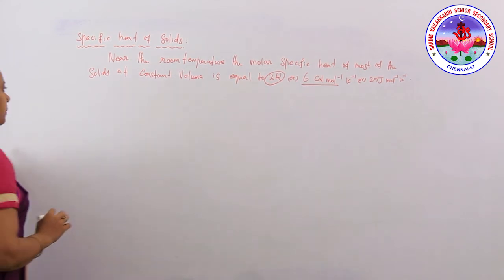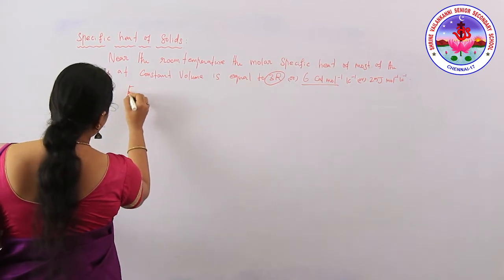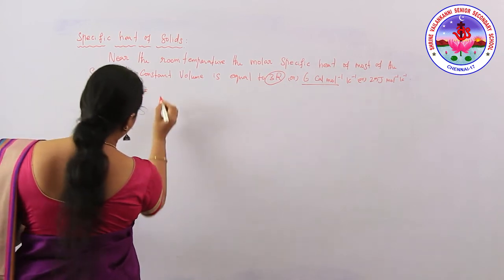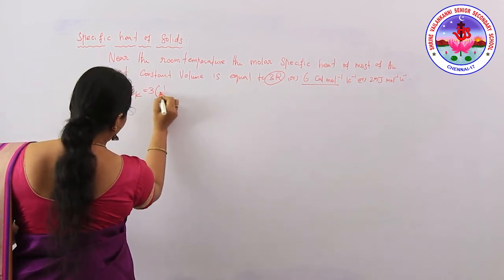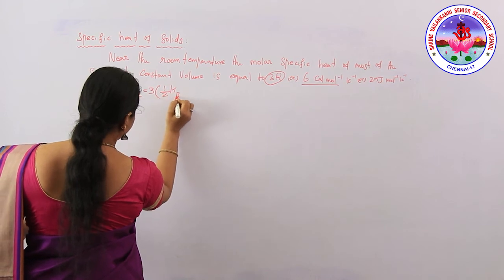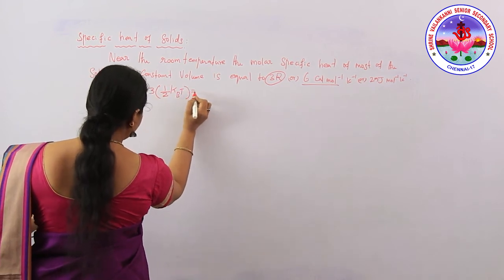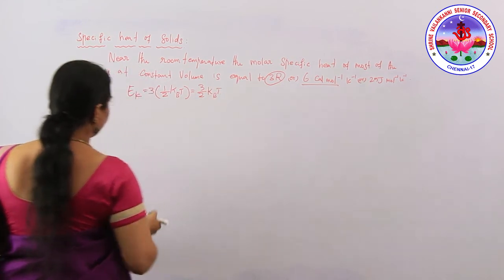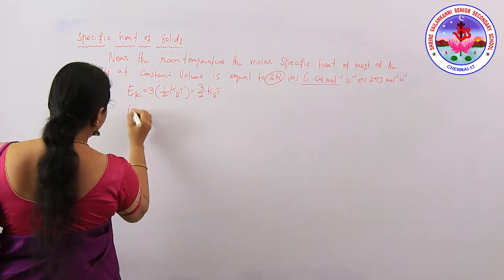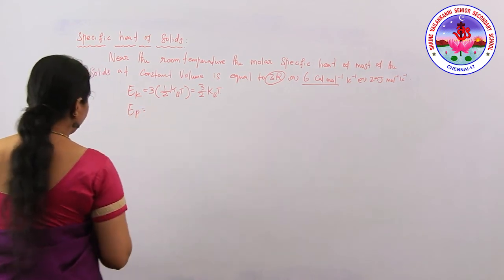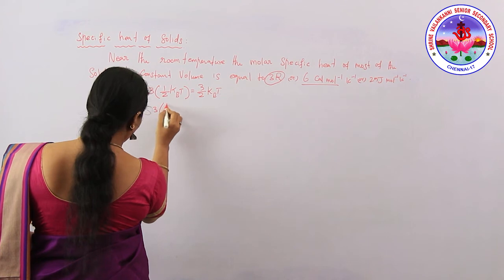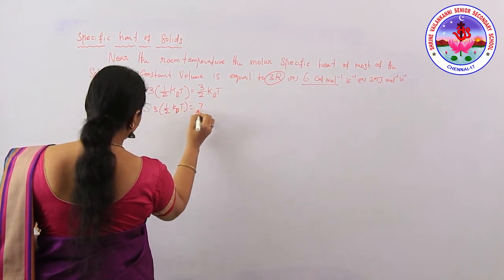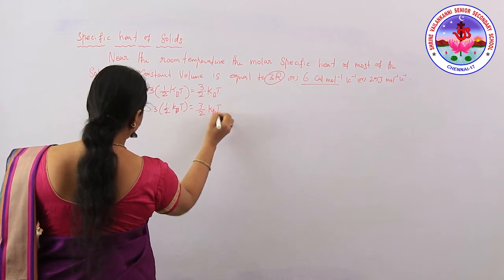This we can prove. The kinetic energy Ek is equal to 3 into 1 by 2 kBT, which is equal to 3 by 2 kBT. Right. Now the potential energy EP is equal to 3 into 1 by 2 kBT, which is equal to 3 by 2 kBT.